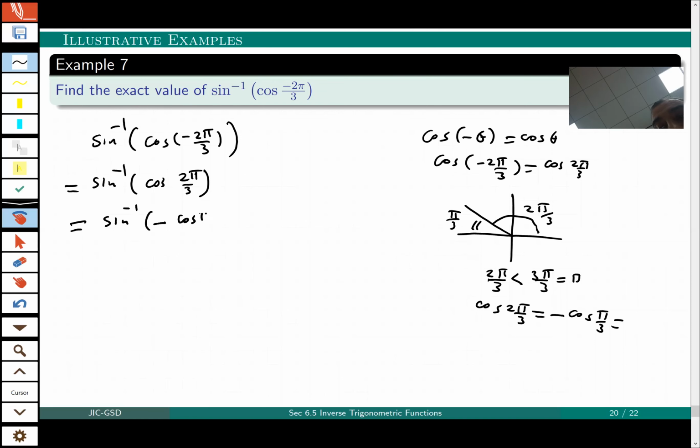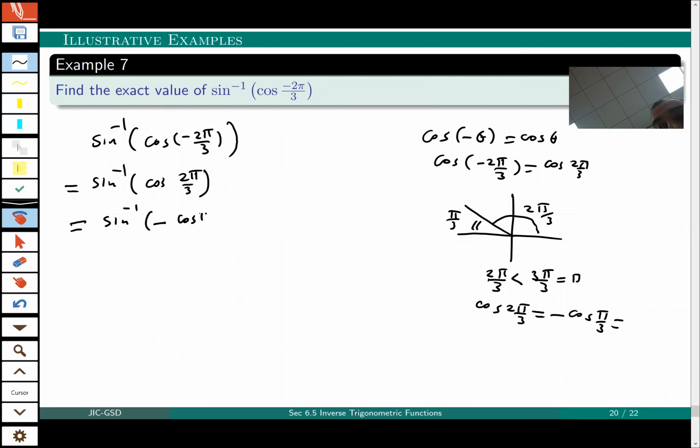Now, from the triangle, this is pi over 6, that's pi over 3, and the sides are 2, 1, square root of 3. Cosine pi over 3 is 1/2. So I will have sine inverse of minus 1/2.